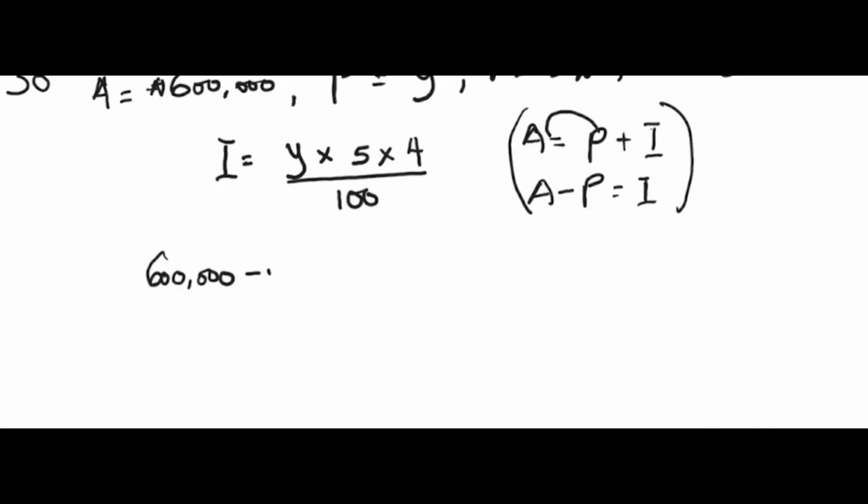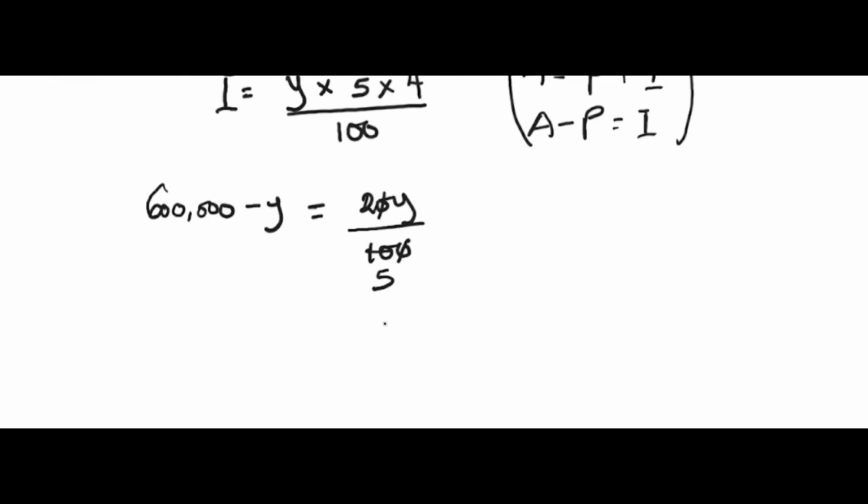Our principal is Y is equal to 20Y over 100. So before cross multiplying, let's reduce this. So these two will cancel 10 to give us 5.